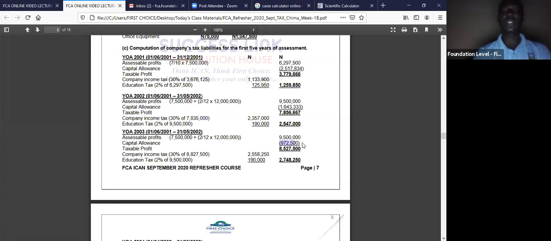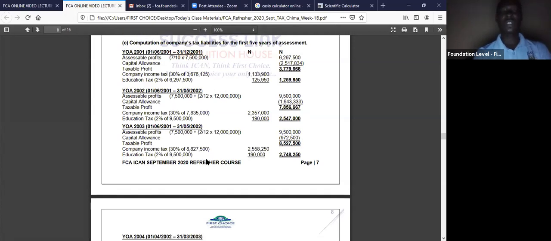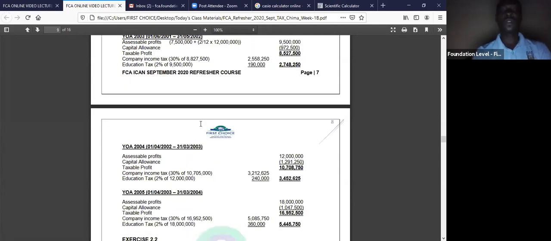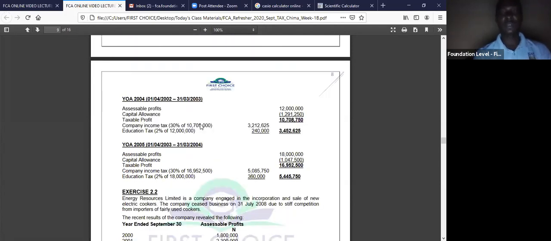When you less it, you have this figure forming the basis for tax, while this forms the basis for education tax. So that's for the 3 years. For the 4th year it is the same principle. For the 5th year it is the same principle.